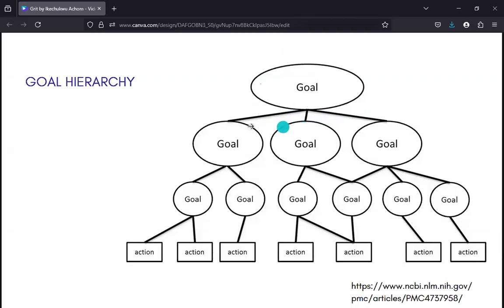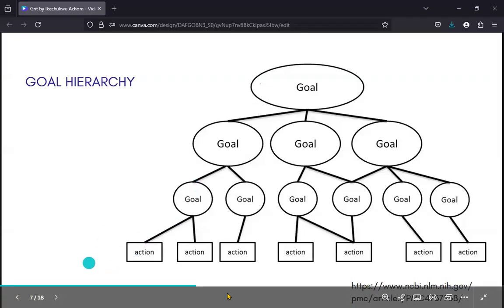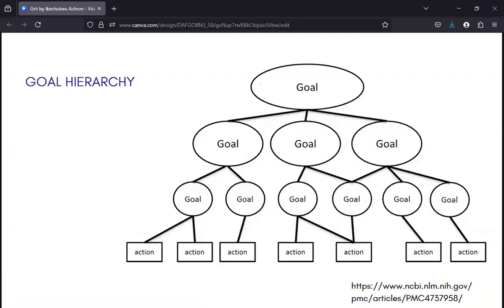And then under it, you now have some smaller goals. These smaller goals are basically just certain things that lead up to the larger picture. And the more you drill down, it all depends on your goal. If your goal does not drill down to an action, then you're wasting your time. So it has to be broken down into actions that will actually get to that particular goal.